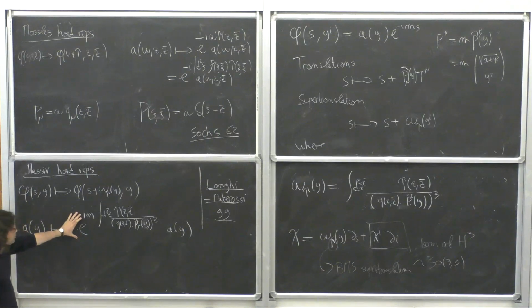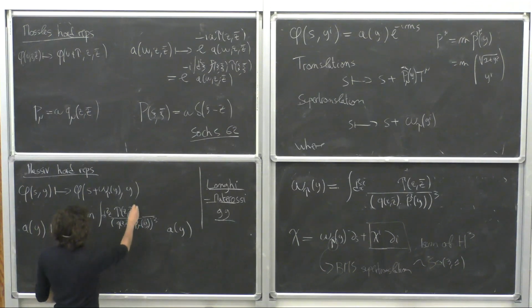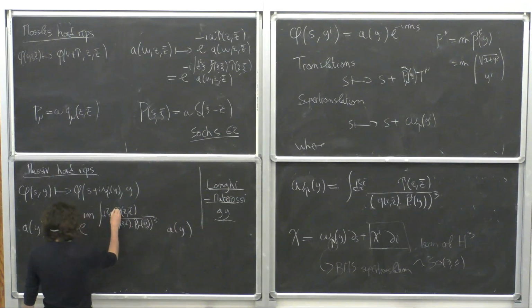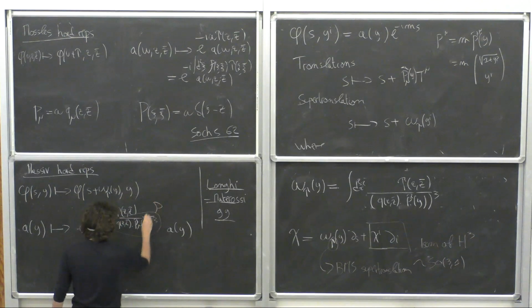But in these forms, it is not manifest what the super momenta of the representation are, because it's exactly in this form already. And so you can just read off curly p from the integral. So this is curly p.